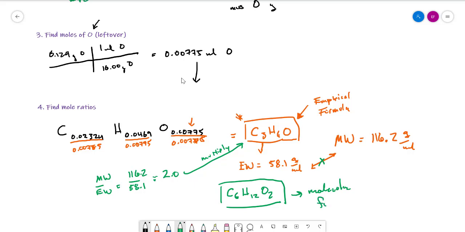So that's a lot of work, but this is a really good example of a real chemical problem, right? Using stoichiometry, using percent composition, using the concept of the mole, grams, conversion factors. People use this all the time in chemistry, where they take an unknown powder that they've created in their flask, they put it into a CH analyzer, they get some percent carbon and hydrogen, they put it into a mass spectrometer, and they get some molecular weight.